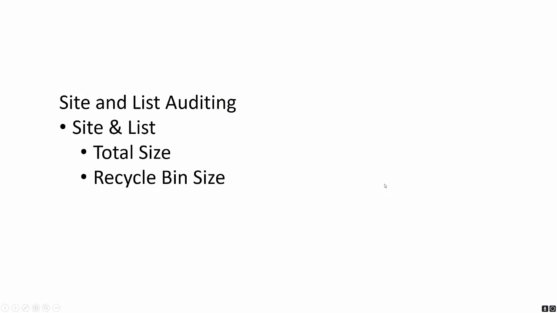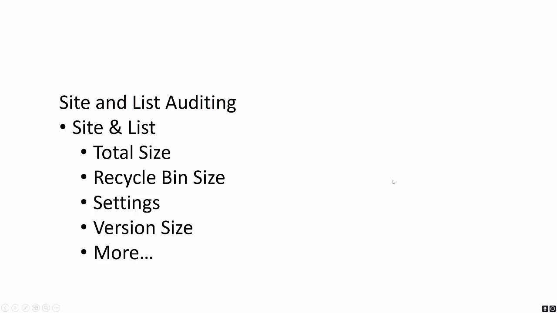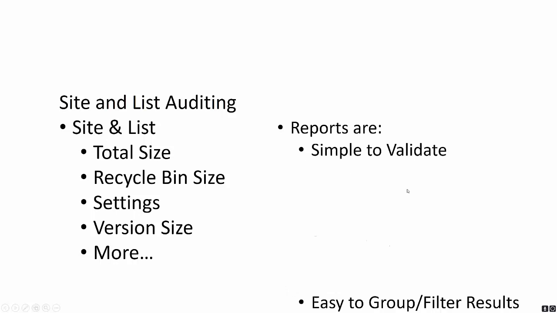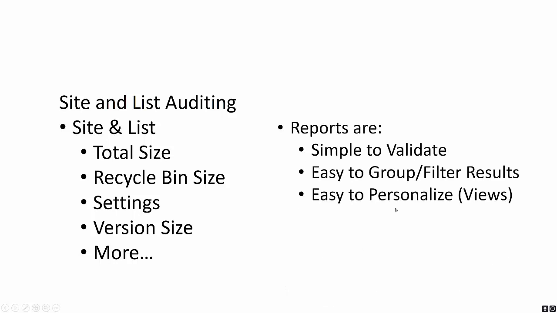Okay, so some examples of the site inventory, site and list auditing, is getting the total size, recycle bin size, other settings, and versioning. Again, it's easy to validate because you can right-click on the reports, you can group and filter to personalize, and you can save views, which are similar to SharePoint views.